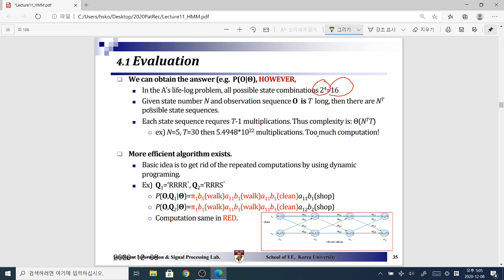This means that if the number of states is N and the observation sequence length is capital T, we are going to have a huge number of computations, because there are, first of all, N to the T possible state sequences.